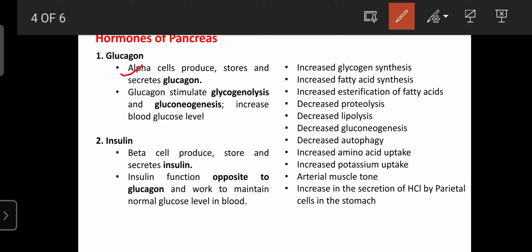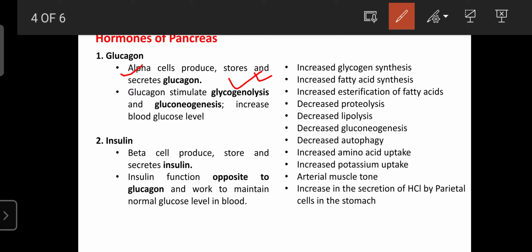That released glucagon can stimulate glycogenolysis in the liver as well as in the adipose tissues. In the liver and in the adipose tissues, the excess glucose is stored in the form of glycogen. Under the influence of the glucagon, it causes the breakdown of the glycogen. That process is known as glycogenolysis.